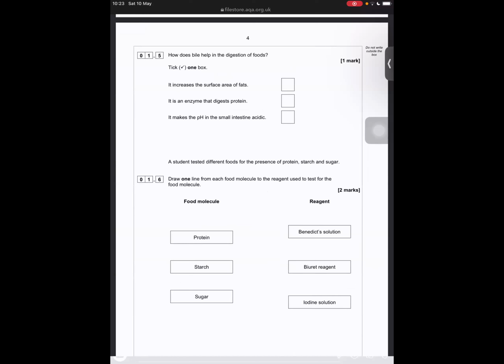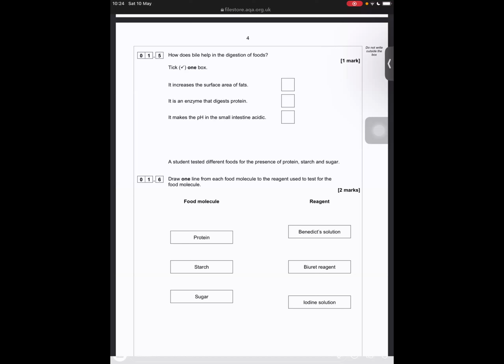It says, how does bile help in the digestion of food? So now I'm trying to see which one is correct. Bile is alkaline in nature, so that last option cannot be correct, that it makes the pH in the small intestine acidic.